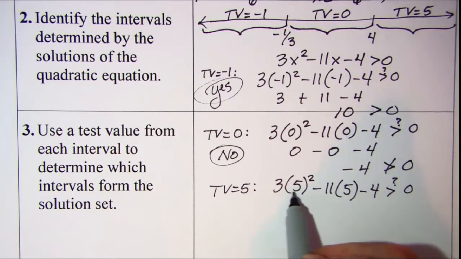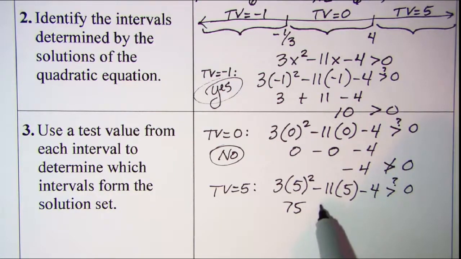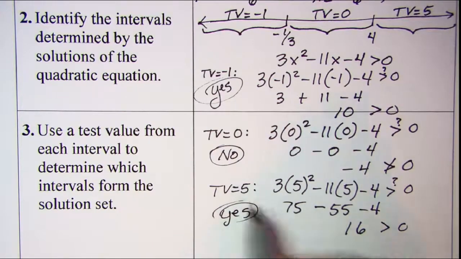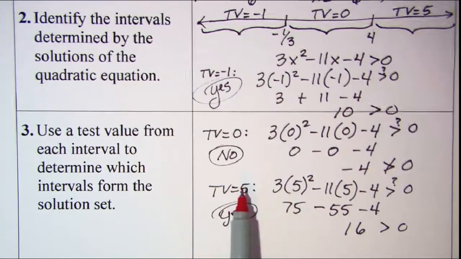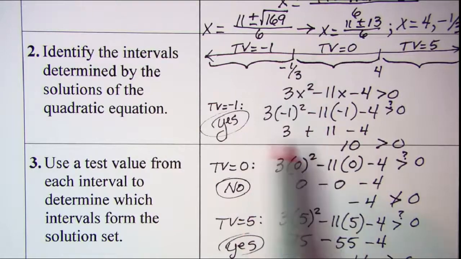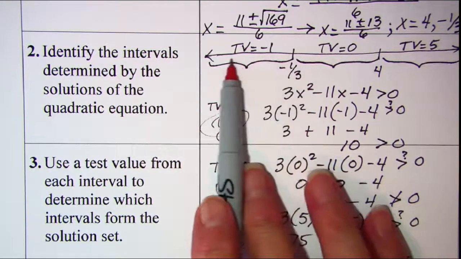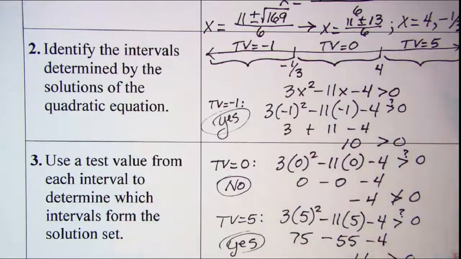So 3 times 25 is 75 minus 55 minus 4, and this is 16, and that is greater than 0. So yes, that interval does work. So now we need to write our solutions. The test interval of -1 worked, so we want all of the numbers that are less than -1/3.